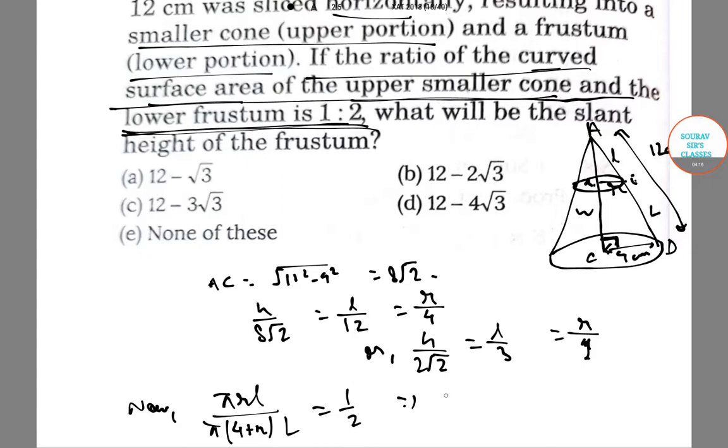So on equating this and solving, we get 2RL is equal to 4 plus R into capital L. From here we get 2RL is equal to 48 plus 12R minus 4L minus RL.